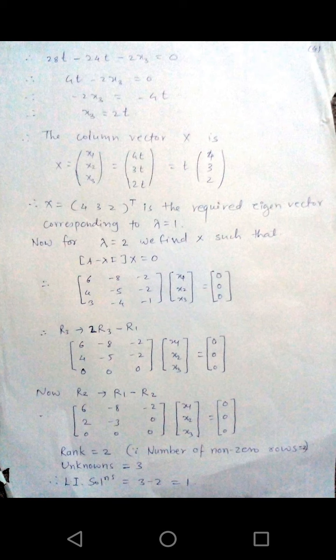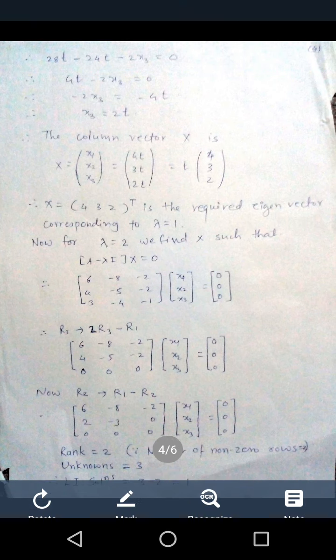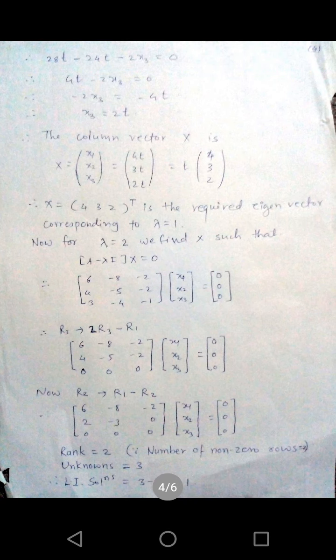This is because a column vector is nothing but the transpose of a row vector. Therefore X is equal to (4 3 2) transpose is the required eigenvector corresponding to lambda is equal to 1. So for the eigenvalue lambda is equal to 1, we have the eigenvector 4 3 2.